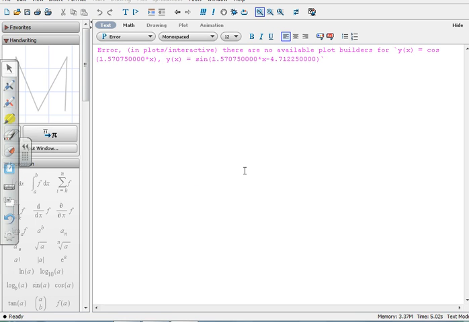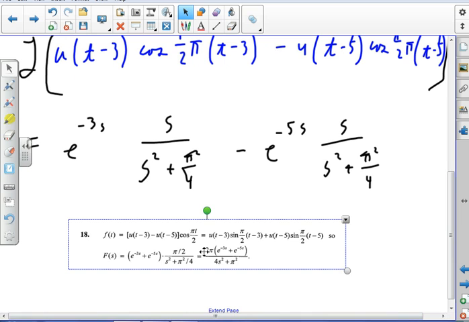All right. So my view is the answer in the back of the book can't be right, because those things can't be what it says they are. They're saying that cosine pi t over 2 is the same as sine pi t minus 3, and the same as sine of pi over 2 t minus 5, and I don't see that.